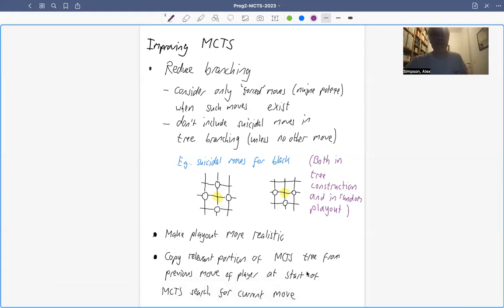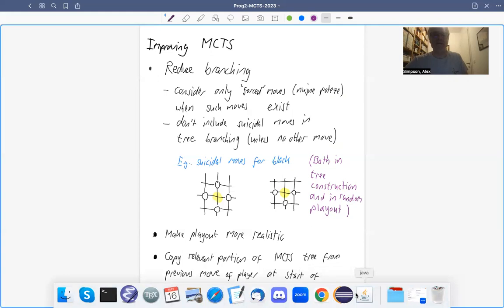Only I haven't actually implemented this myself. So what I have implemented is the reduced branching with not looking at suicidal moves, neither in the tree construction nor in the playout, and using that guided, more realistic way of playing the random playout that I illustrated earlier.